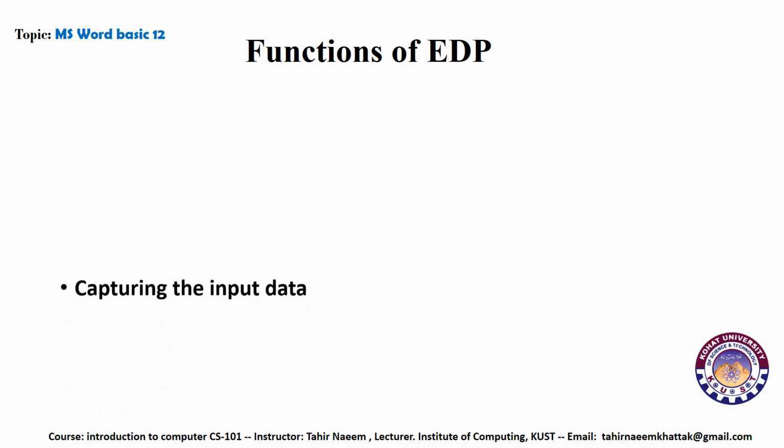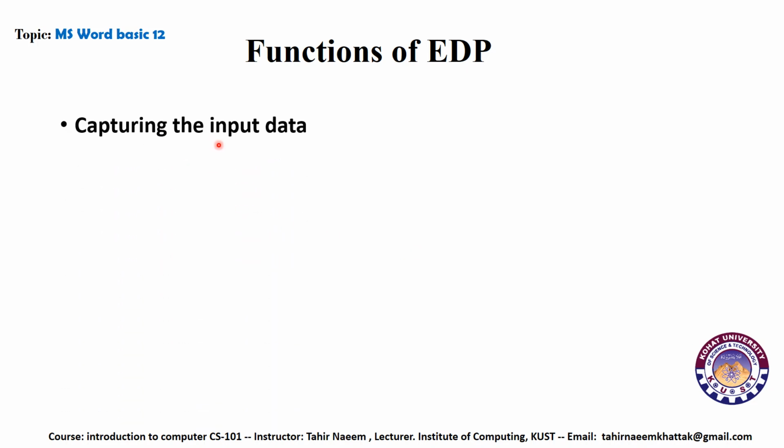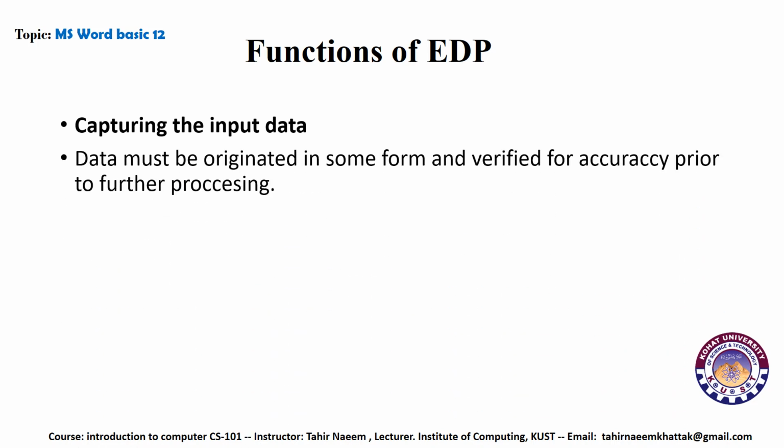Functions of EDP. There are different functions, or steps, of electronic data processing. The first step is capturing the input data. Data must be originated in some form and verified for accuracy prior to further processing.